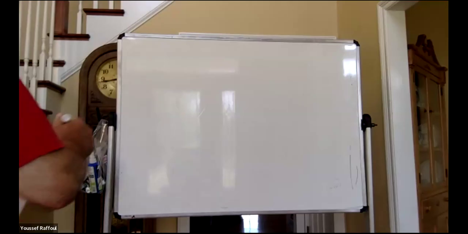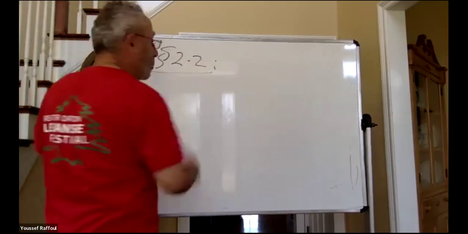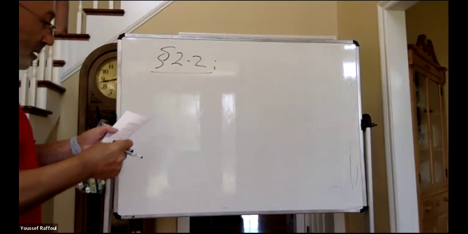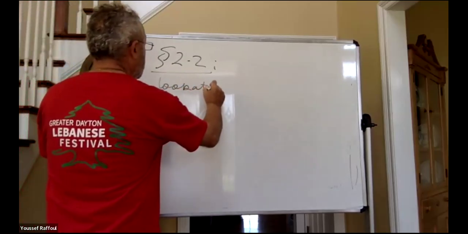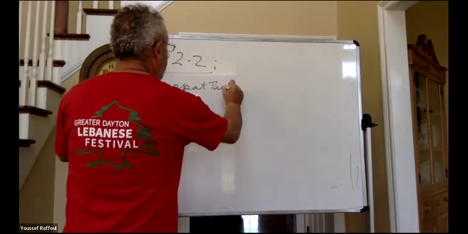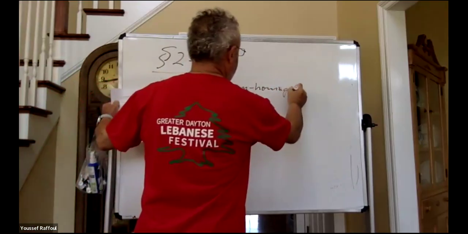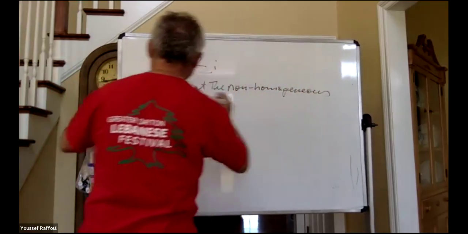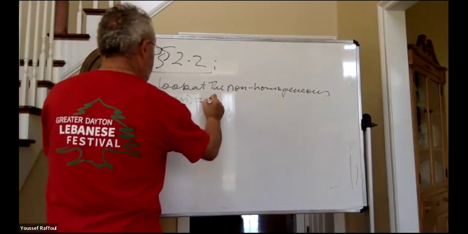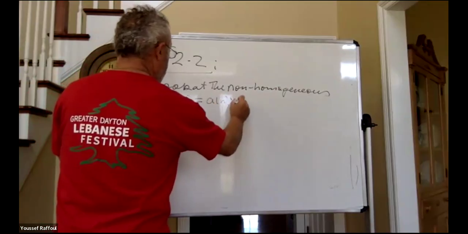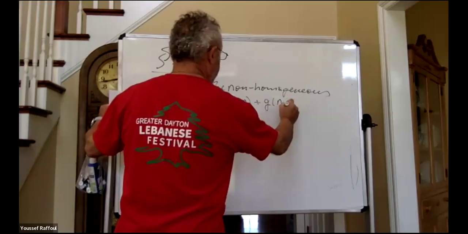Now we are in section 2.2. We're going to look at the non-homogeneous difference equation x_{n+1} = a_n x_n + g_n(x_n).